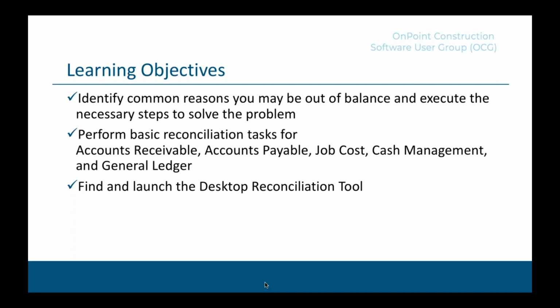And then also we're going to find and launch the desktop reconciliation tool, which is in your listing of modules. But a lot of people don't realize that that's out there and hidden.